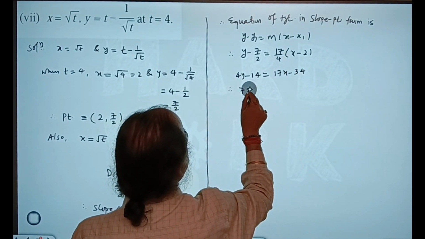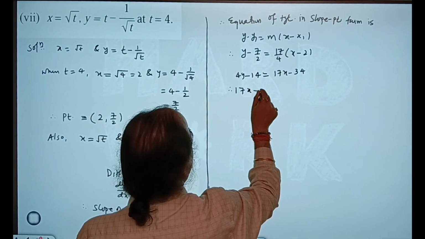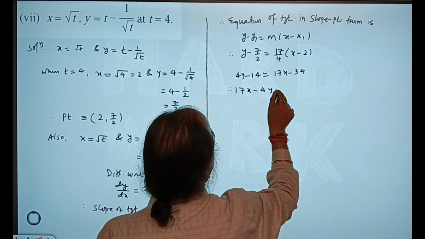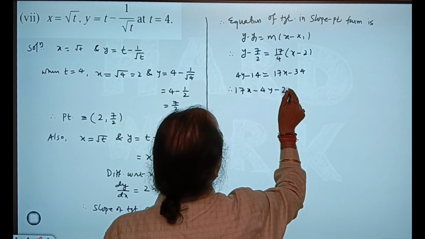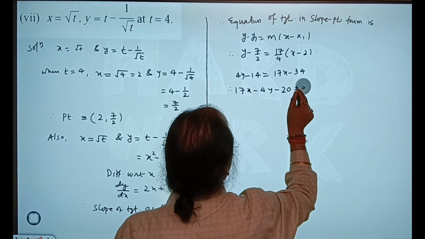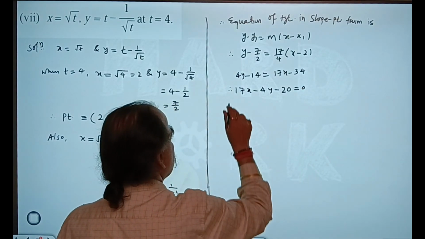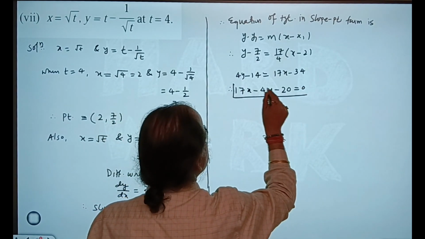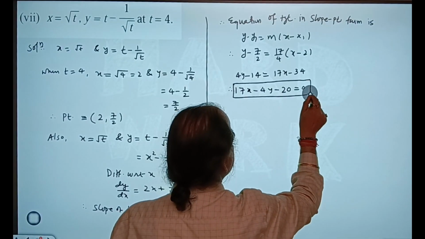So 17x minus 4y minus 20 is equal to 0. This is the equation of tangent.